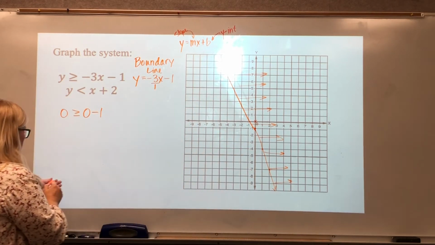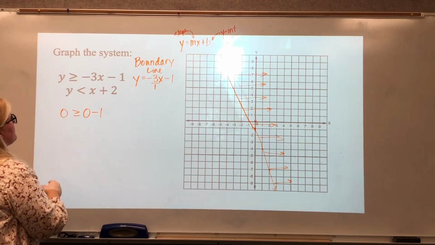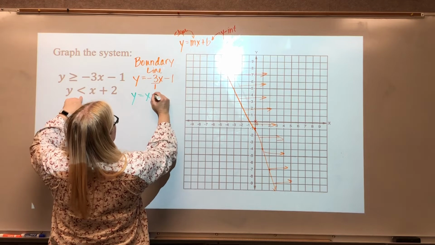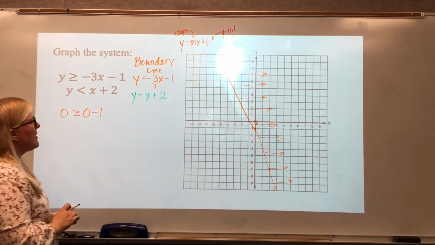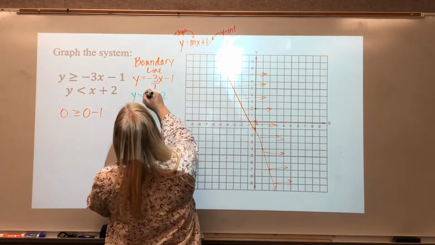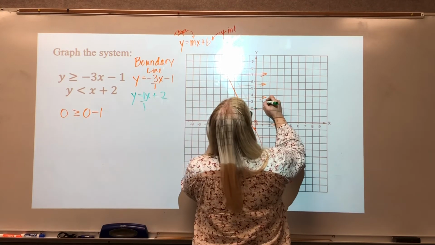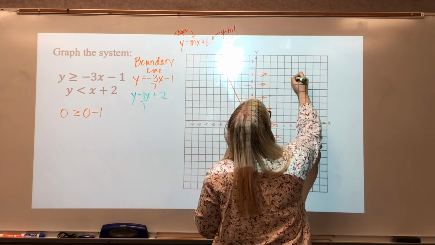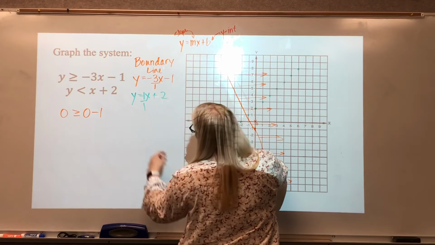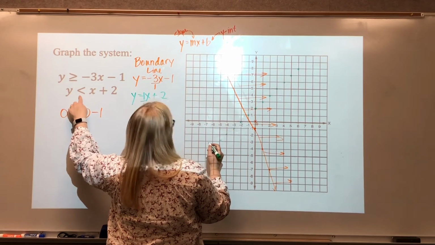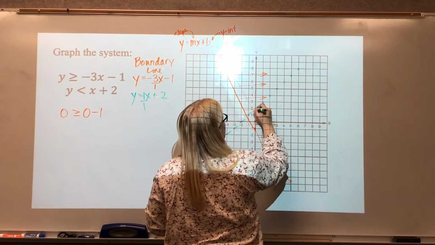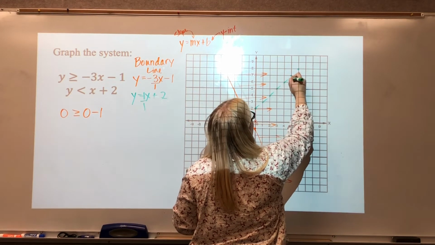Okay, so let's look at this next one. My boundary line is y = x + 2. That's my boundary line. So I go to 2, my y-intercept, and my slope is 1/1. So it comes up like this. And my line is going to be dotted because I don't have a line underneath here. So I can just make this a dotted line.